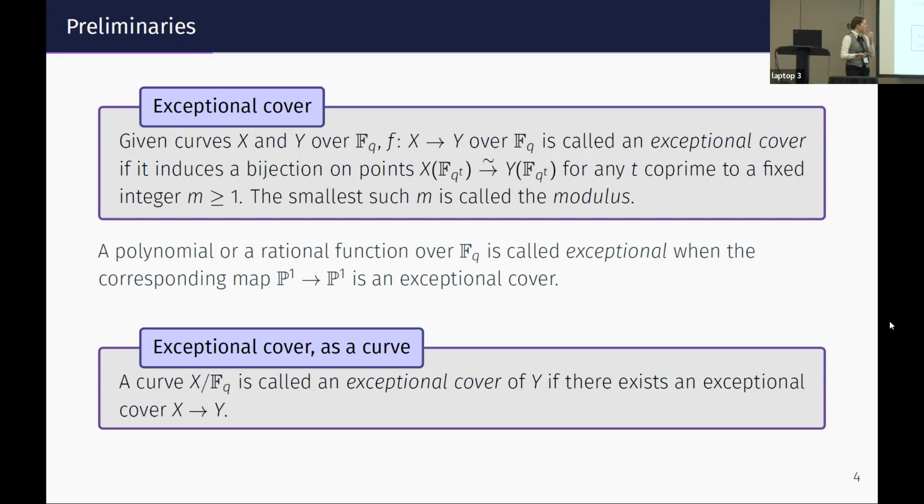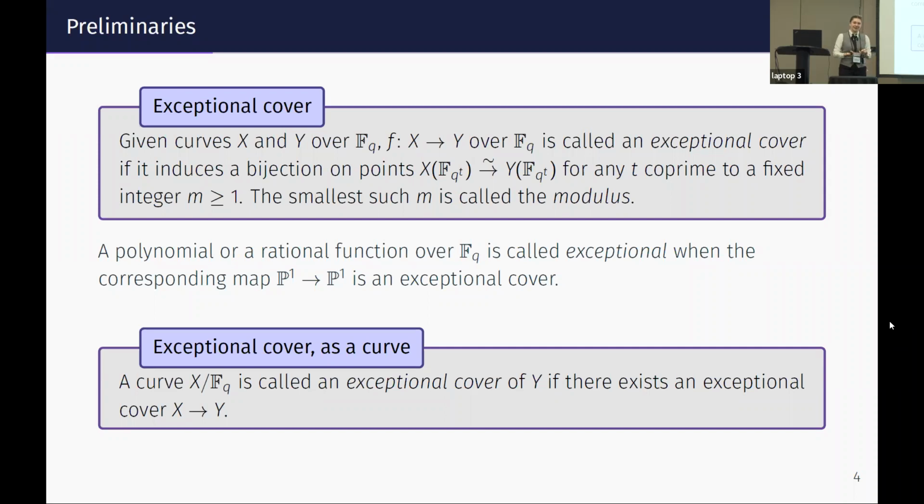So by extension, we can also say that a polynomial or a rational function defined over Fq is exceptional if it induces a map from P1 to P1 that is an exceptional cover.